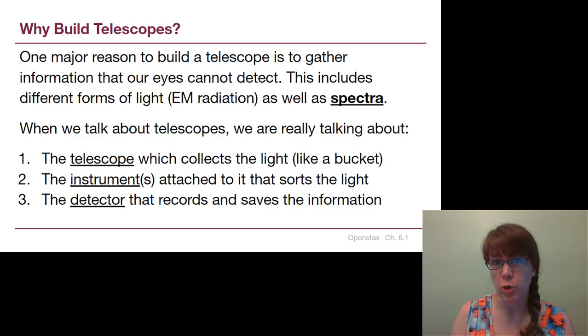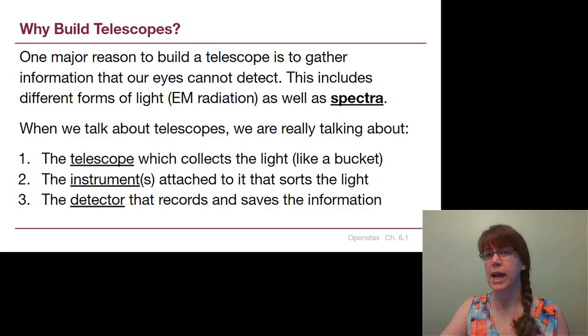When we talk about telescopes in this chapter and in everyday language, we're actually including more than just the telescope itself. Because the true telescope part is just the tube that has a lens or a mirror to collect light into a single point, to focus light.